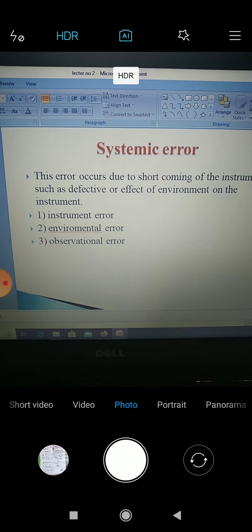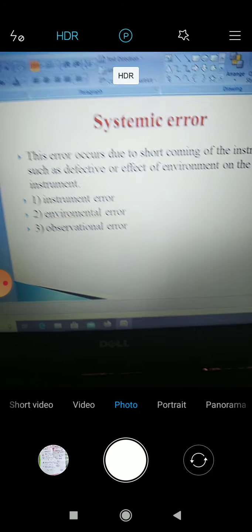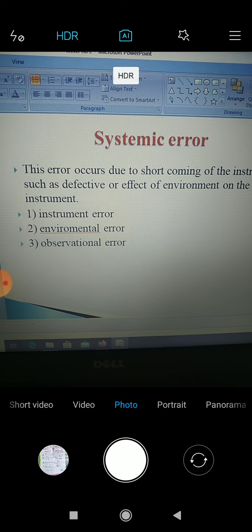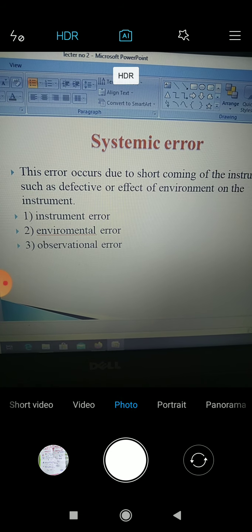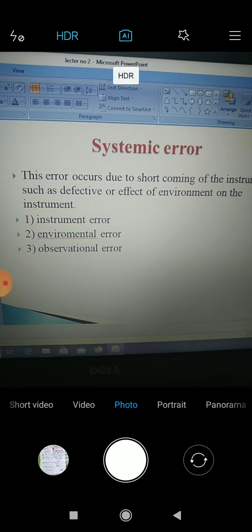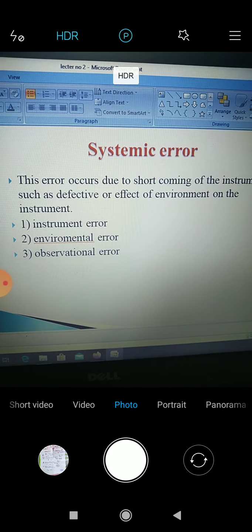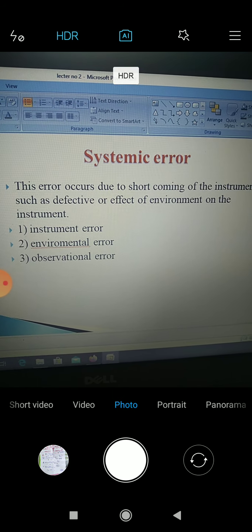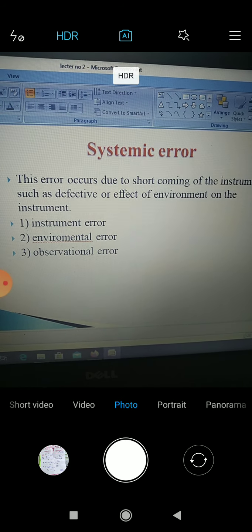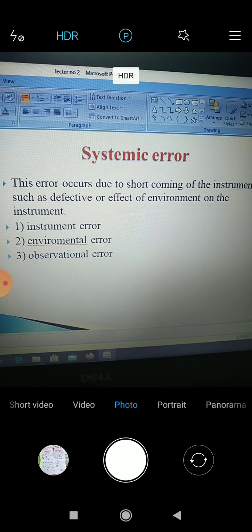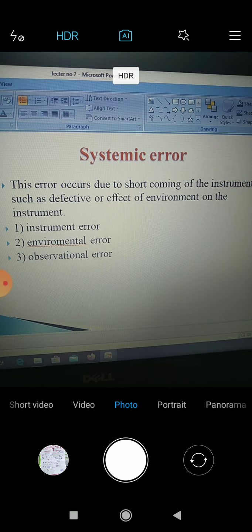What is the inherent shortcoming of the instrument? These errors occur due to construction, calibration or operation of the instrument. These errors are reduced when the proper procedure of the measurement is carefully planned. In short, what is misuse of instrument?